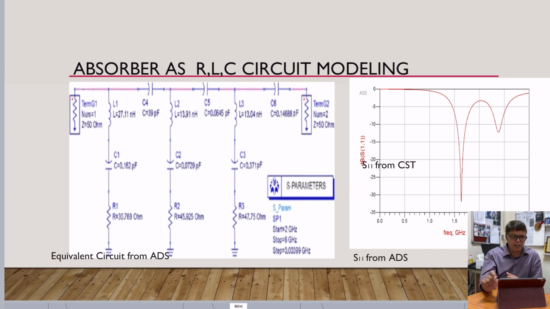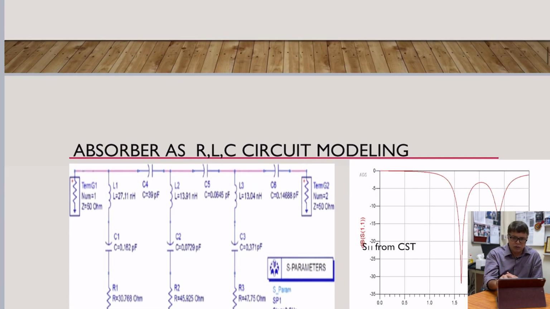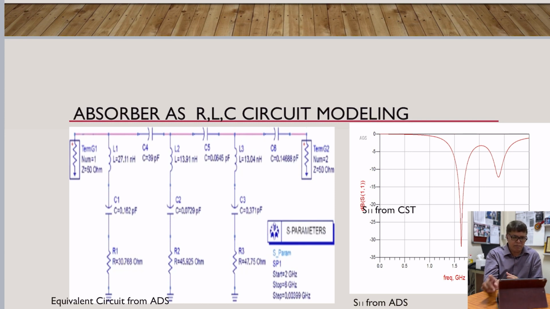Now in this slide, this is the absorber represented by ADS software. As shown in figure B, it is represented by the absorber RLC circuit, and from the simulation we can get S11 as the graph represented here.